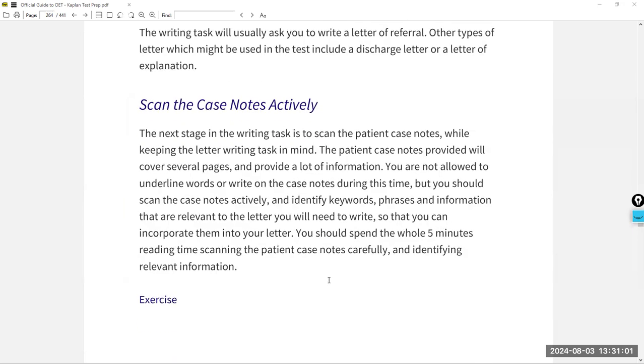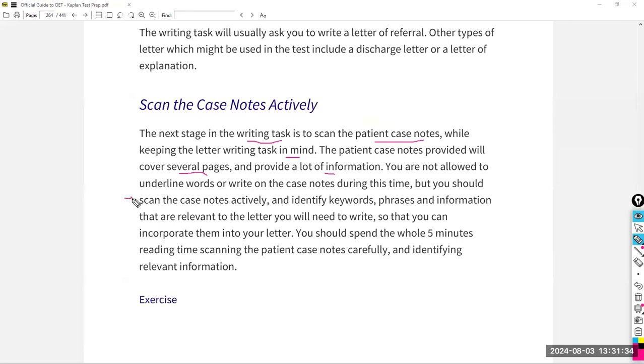Now, what about scanning the case notes effectively? The next stage in the writing task is to scan the patient case notes while keeping the letter writing task in mind. The patient case notes provided will cover several pages, not only one page, and provide a lot of information. You are not allowed to underline words or write on the case notes during the test time, but you should scan.